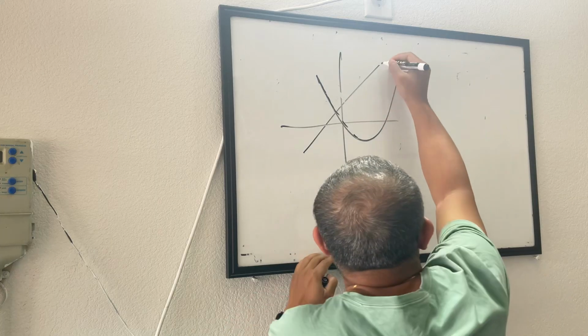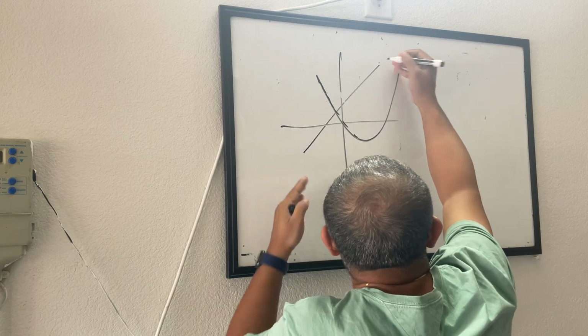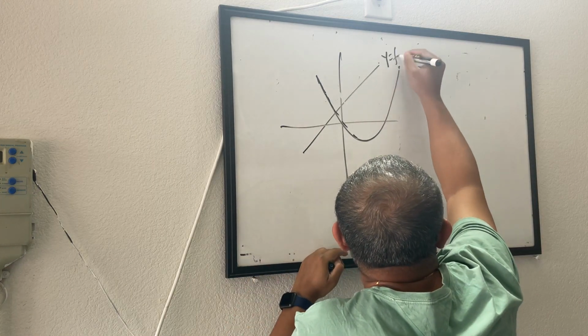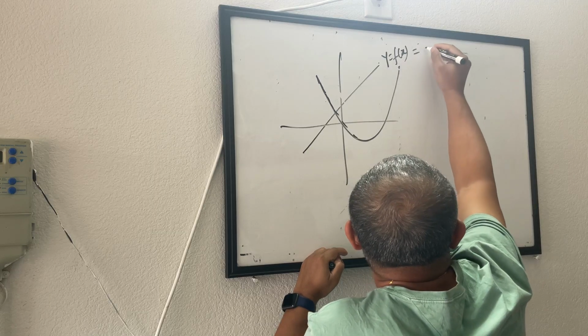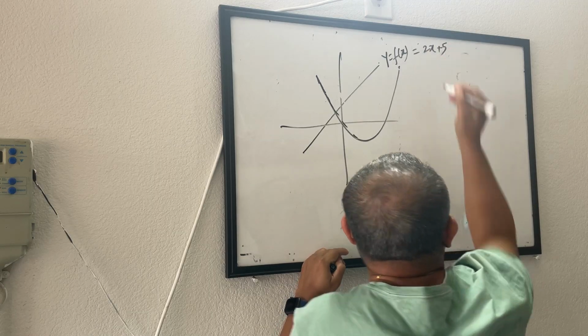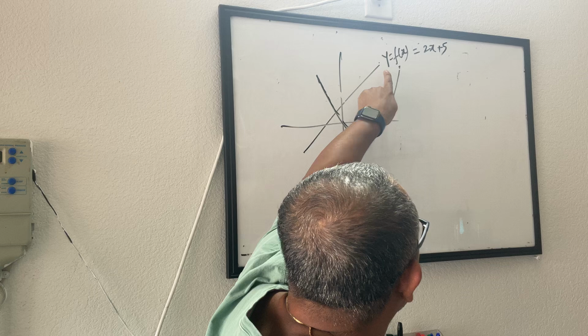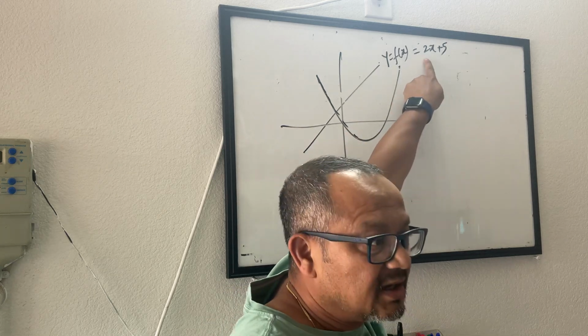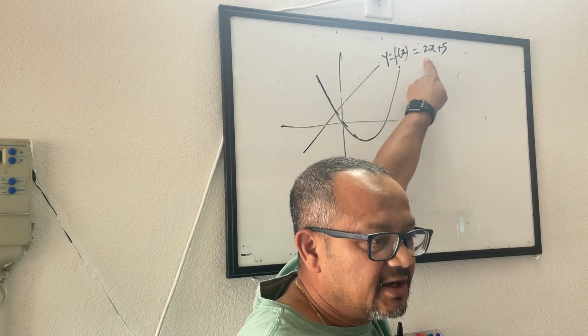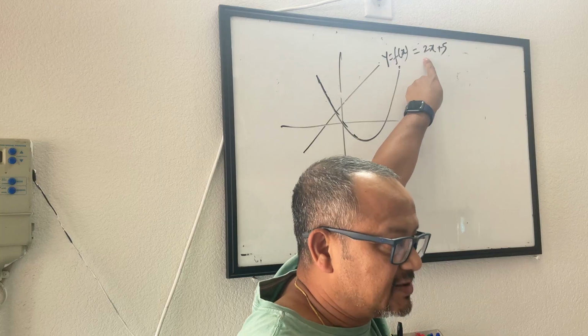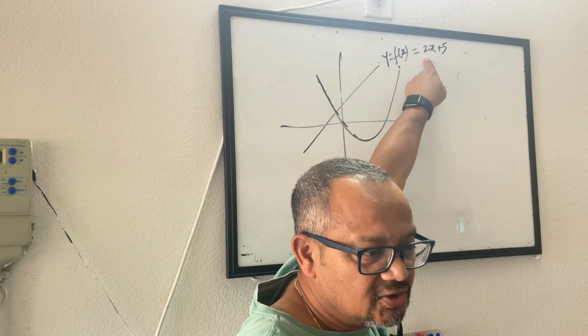If I'm talking about a linear function or a linear equation, let's say y equal to function of x, which is 2x plus 5, let's say. So here y is changing at a constant rate against the change of x, which we call a slope or whatever you call it.